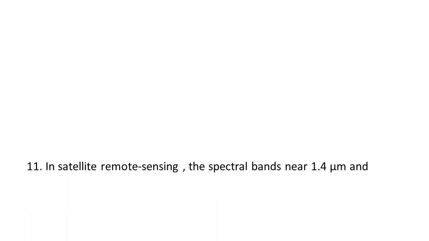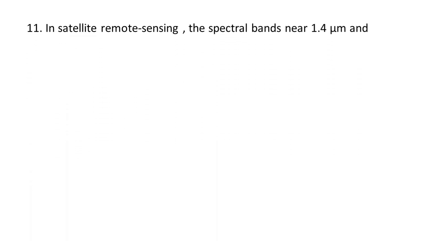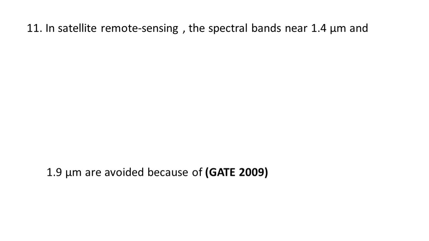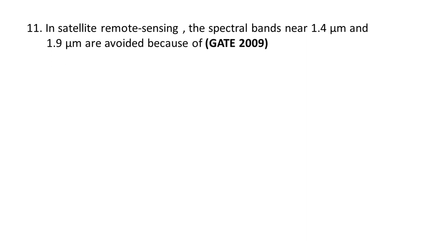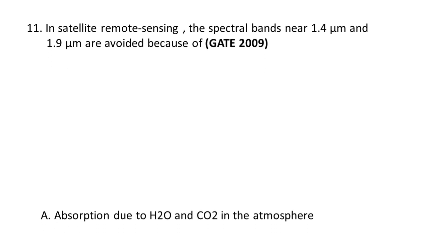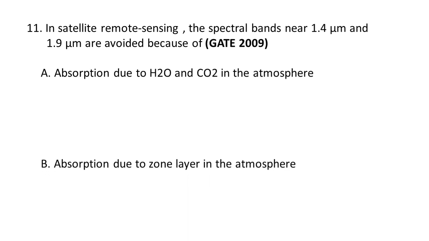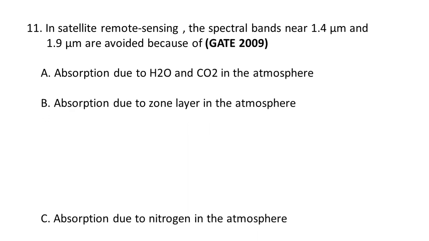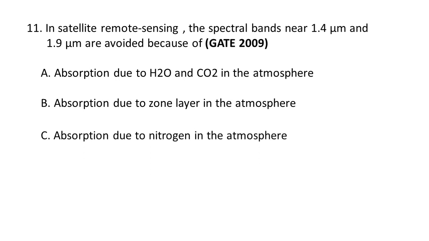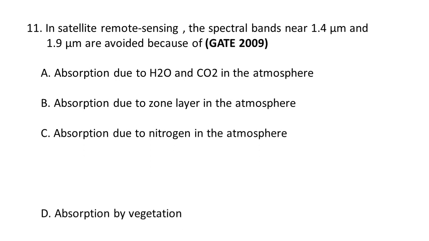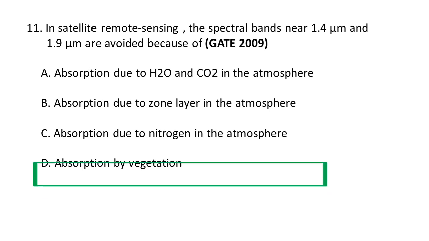Next question. In satellite remote sensing, the spectral bands near 1.4 micrometers and 1.9 micrometers are avoided because of: A, absorption due to H2O and CO2 in the atmosphere, B, absorption due to ozone layer in the atmosphere, C, absorption due to nitrogen in the atmosphere, and D, absorption by vegetation.